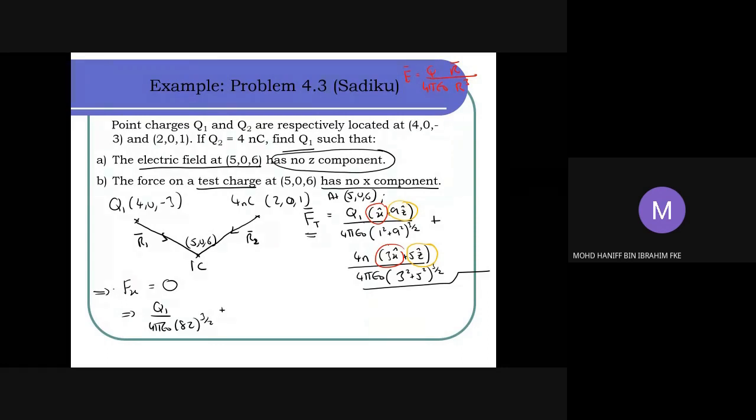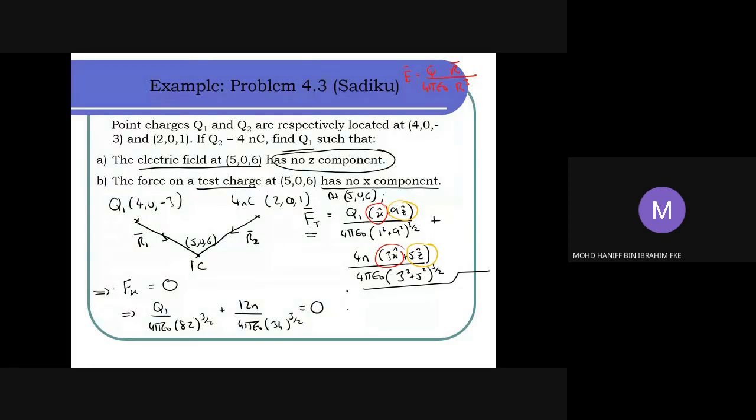And the x component from the second charge should be 12 nano, because 4 nano times 3 is 12 nano, divided by 4 pi epsilon naught times 34 to the power of 3 over 2, and this shall equal 0.